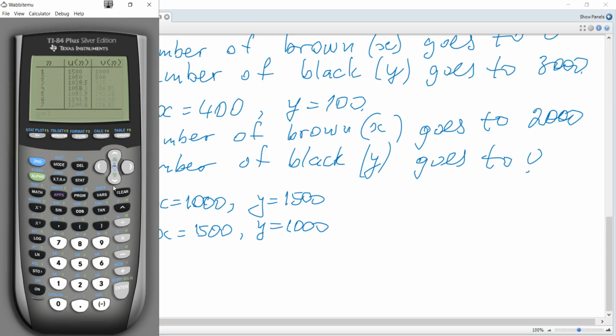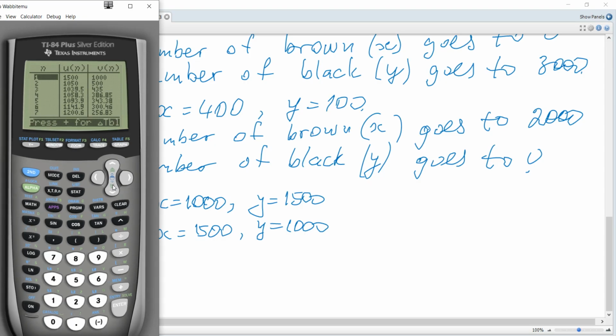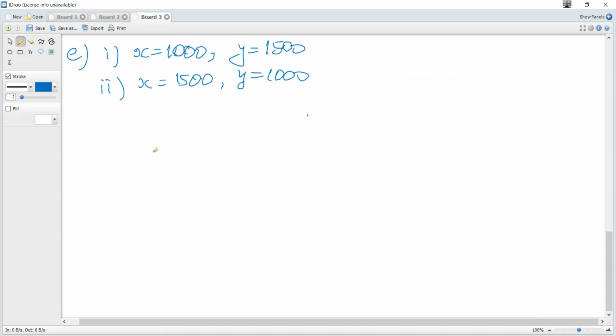Or from a table you can see that x decreases then increases, y decreases.